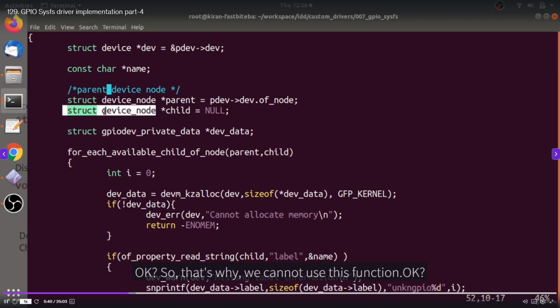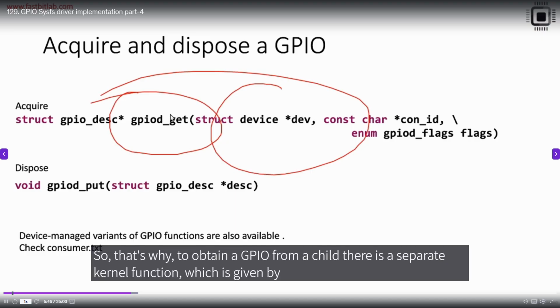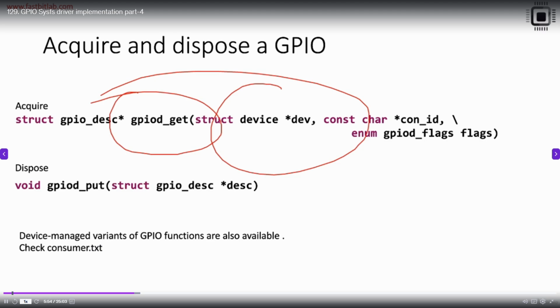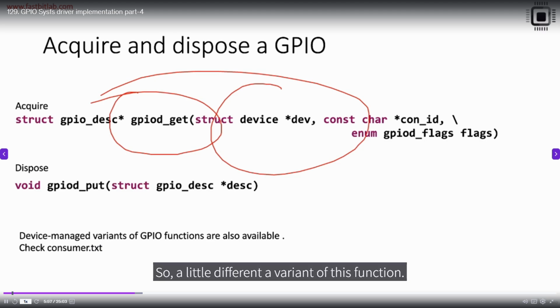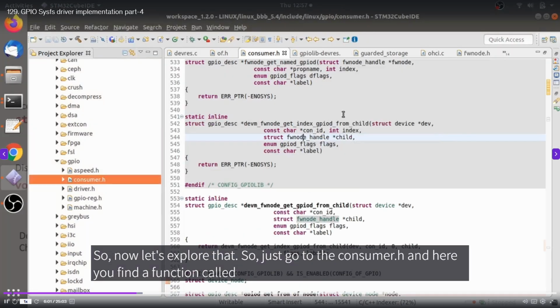Okay, so that's why we cannot use this function. So to obtain a GPIO from a child, there is a separate kernel function given by consumer.h, a little different variant of this function. So now let's explore that.